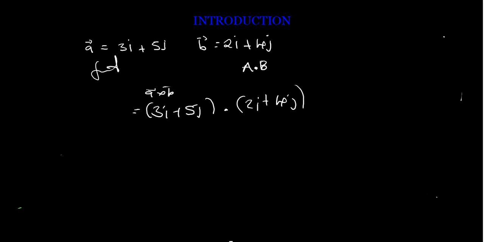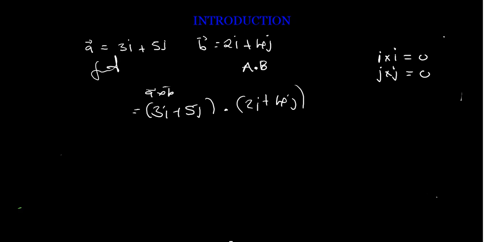So this is where I bring in how those unit vectors affect things. If I multiply i times i, that gives you 0. If I say j times j, that also gives you 0.